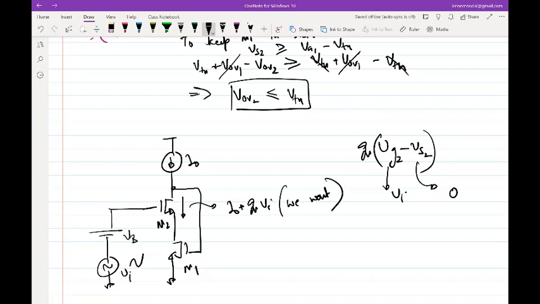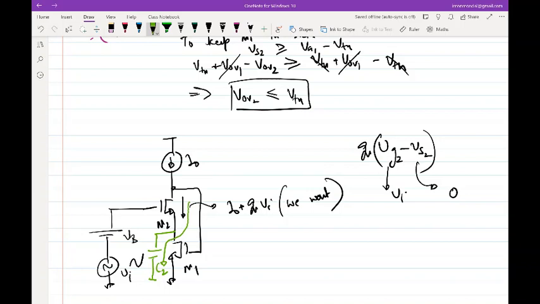So I'll just add C2 and assume C2 is large enough. If C2 is large enough, then any incremental current, this Gm times Vi, will flow through this into the short imposed by C2. And the quiescent current anyway flows through M1 and M2.